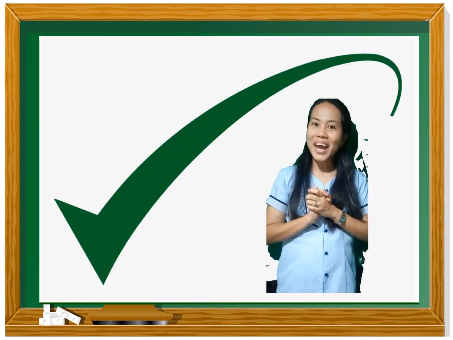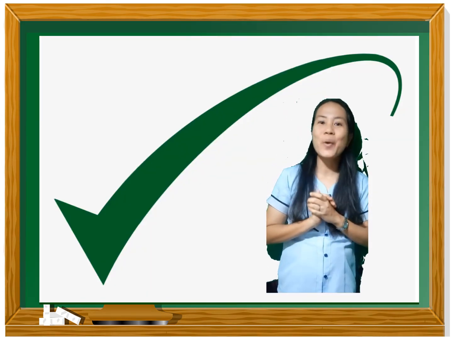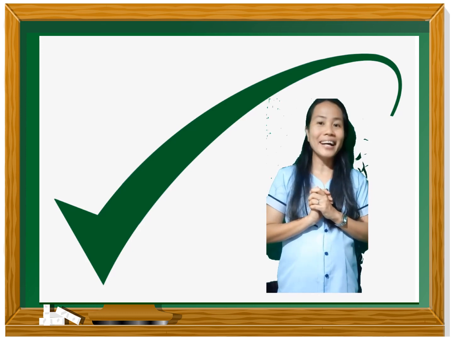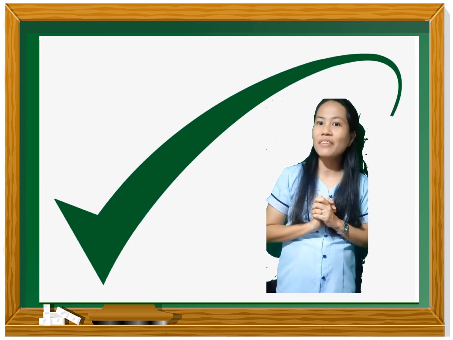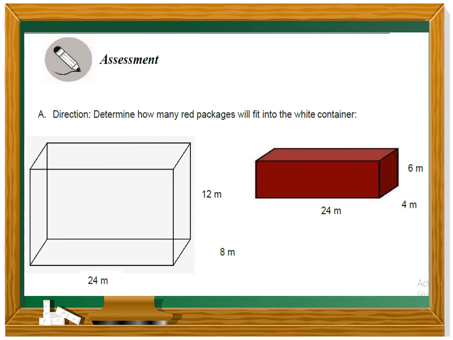Wow! Great! With that, I know all of you are now ready for another set of activities. Assessment A. Determine how many red packages will fit into the white container.